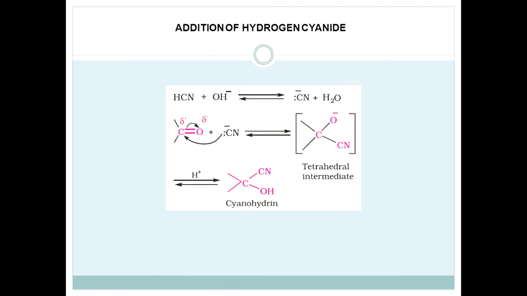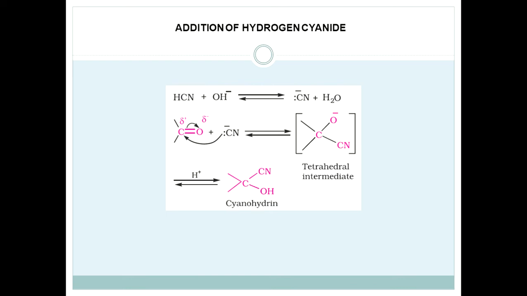So let us discuss the addition of hydrogen cyanide. Here hydrogen cyanide adds to all aldehydes and ketones to yield cyanohydrins when the reaction is carried out with a basic catalyst.